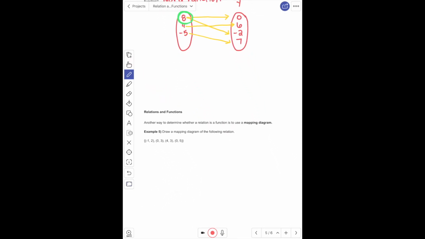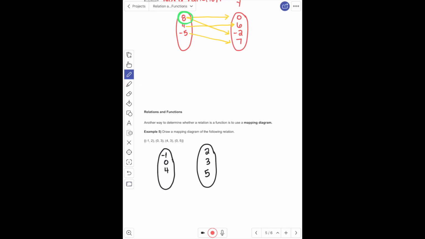All right, so let's look at another one. So we're actually going to map it this time again. All right, so I have -1 for my x, 0, 4, and I have 0 again. So then I have 2, 3, I have 3 twice, and then I have 5. So let's map our pieces.